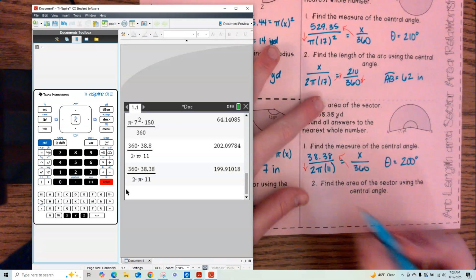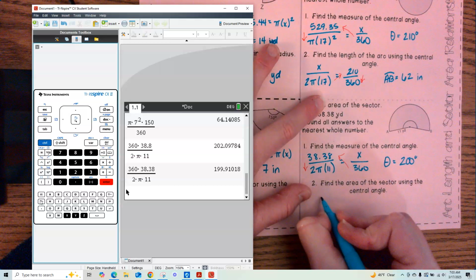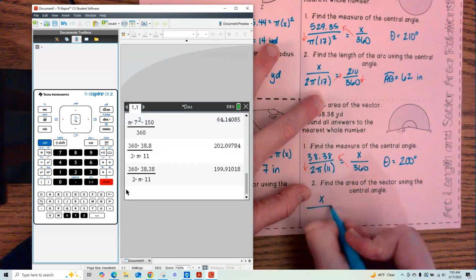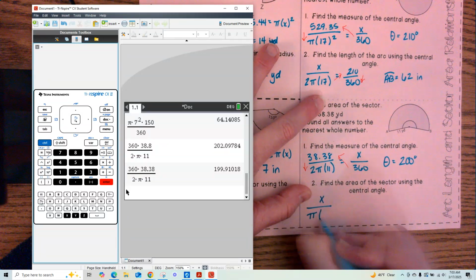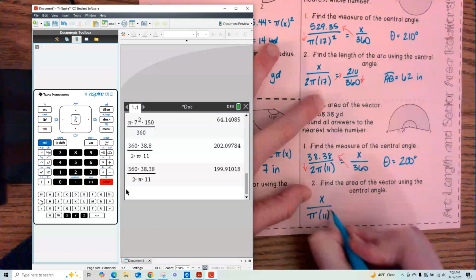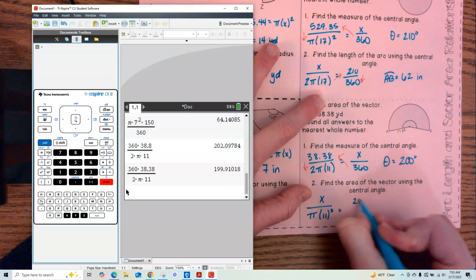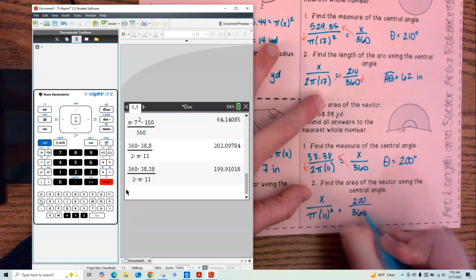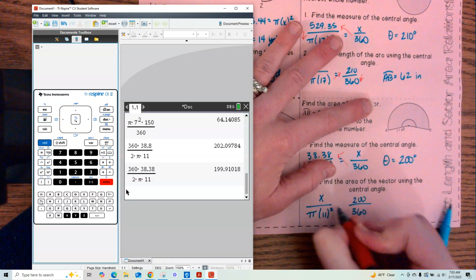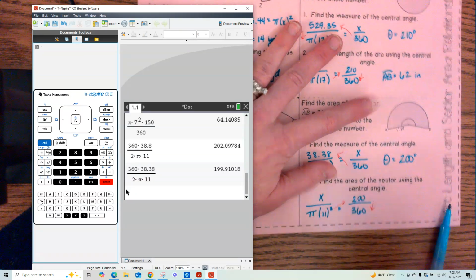Now we find the area of the circle, or of the sector. So the area of the sector is what we're looking for over the area of the circle. So pi times the radius squared equals the central angle over 360. So we cross multiply and divide.